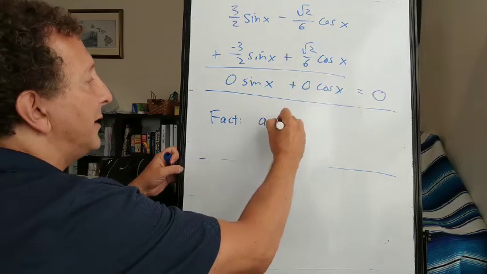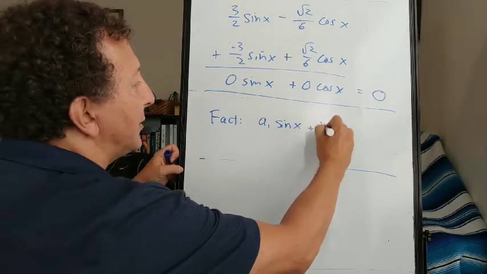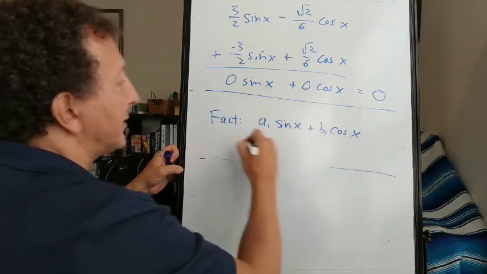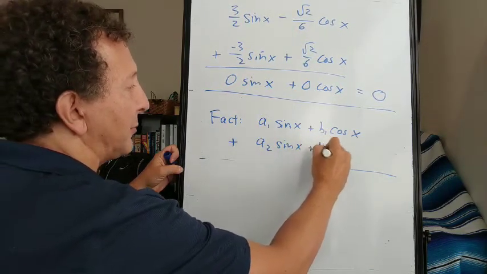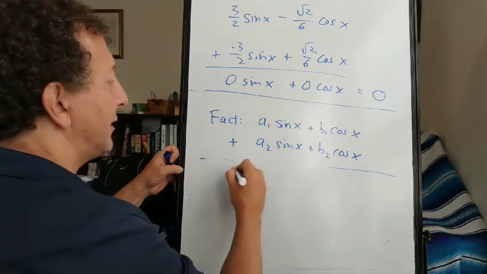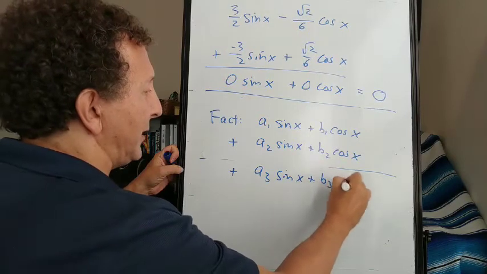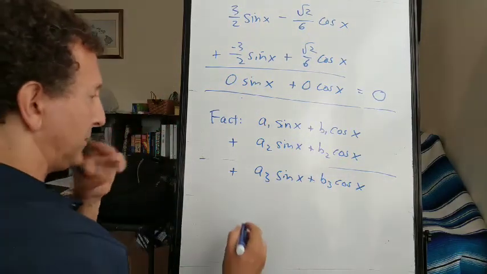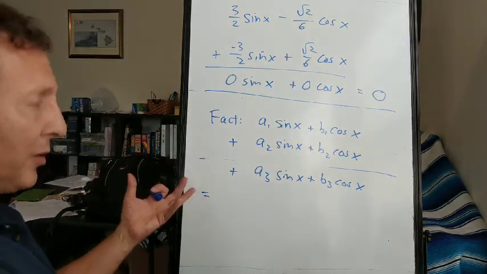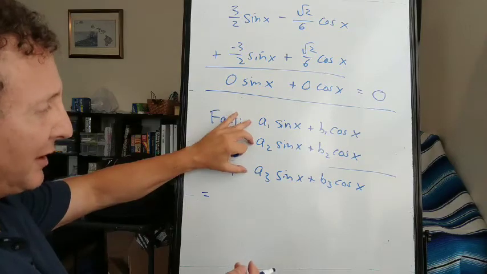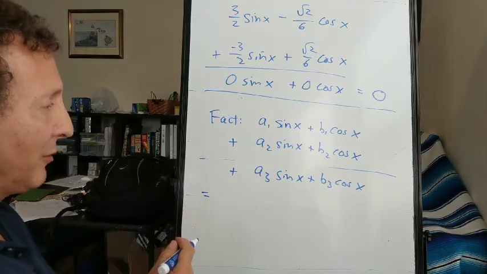And if we have a1 sine of x plus b1 cosine of x, and we want to add a2 sine of x plus b2 cosine of x, and a3 sine of x plus b3 cosine of x, we could do this in any order because we're basically just adding coefficients of sine and coefficients of cosine separately, and we could also put parentheses somewhere if we wanted.